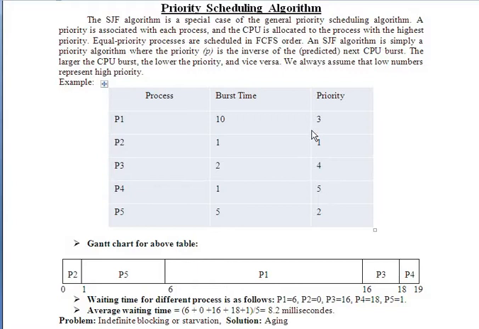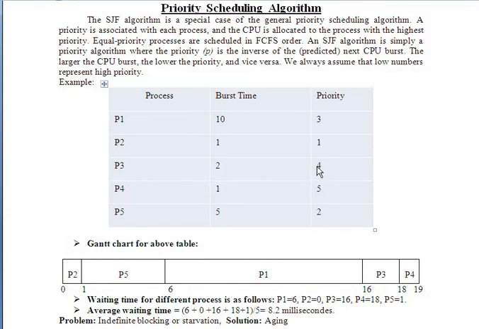Next we have to think which one is the next priority. We know that priority 3 has been assigned to process 1. So process 1 is given the CPU and it completes its task. Next, process 3 has a priority of 4 and process 4 has a priority of 5. So what do we have to do?